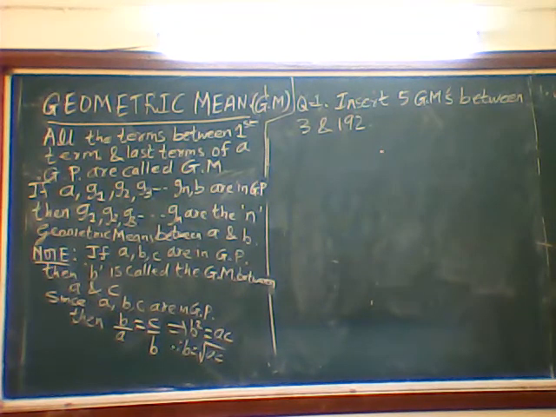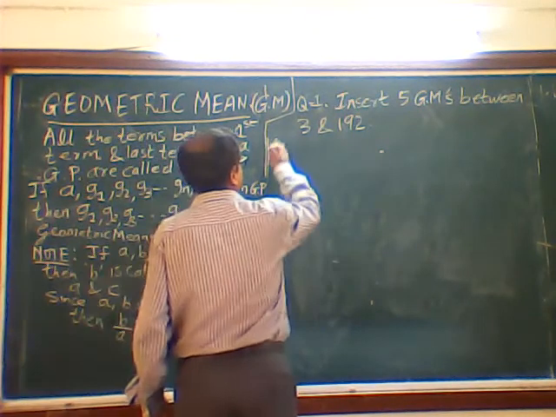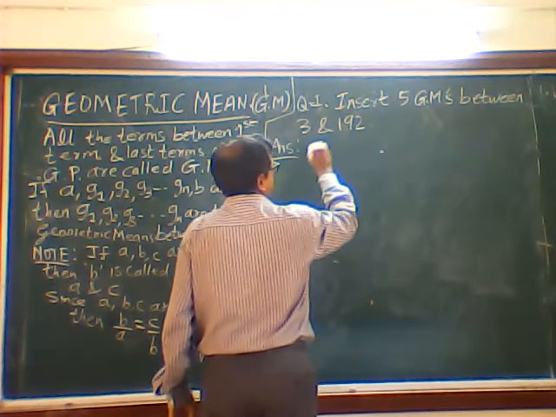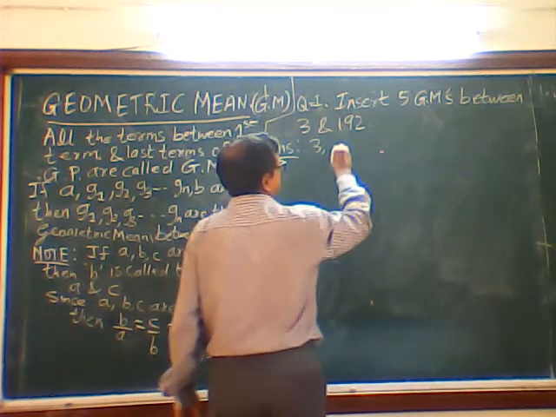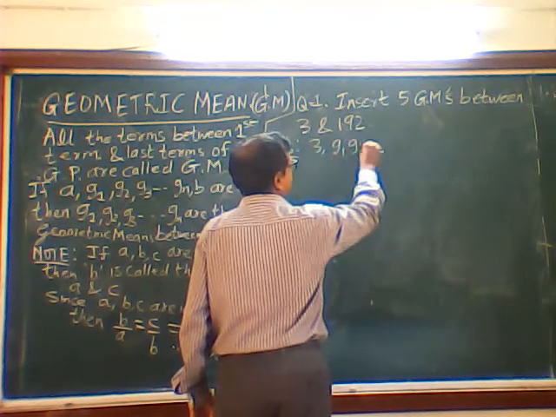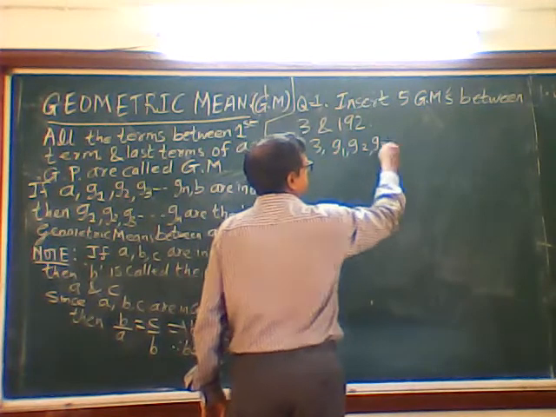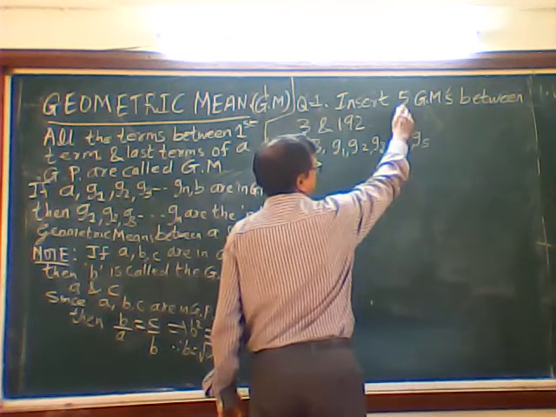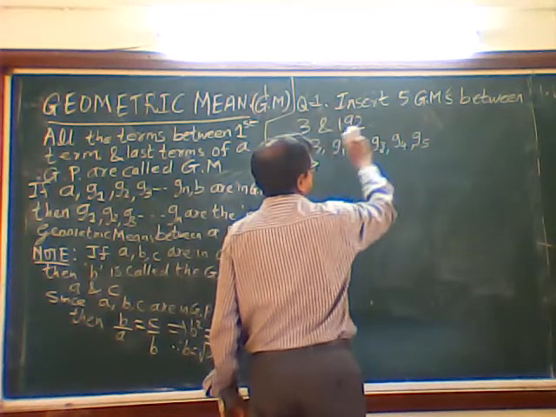Okay, now we'll answer it. 3, G1, G2, G3, G4, G5, 192 are in GP. These are the 5 geometric means between 3 and 192.